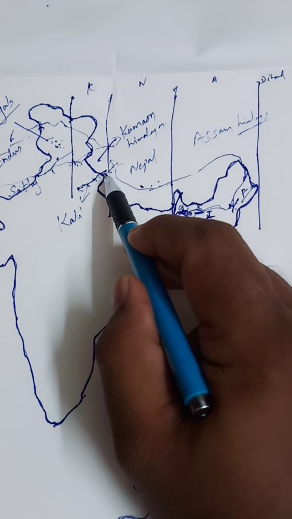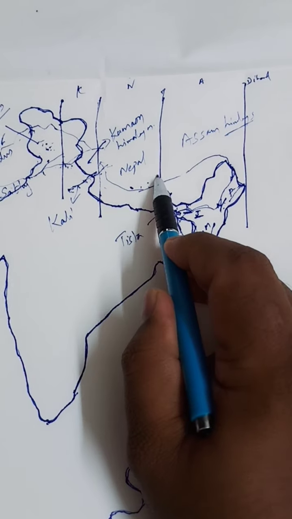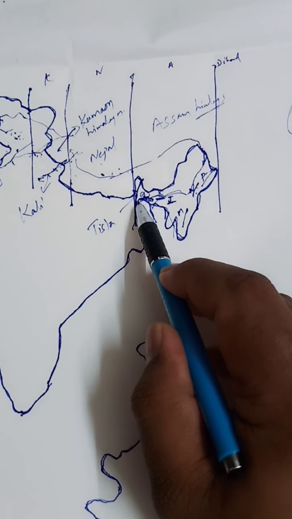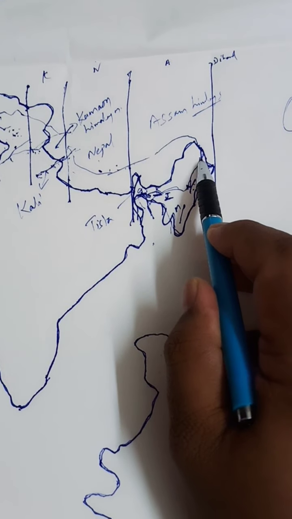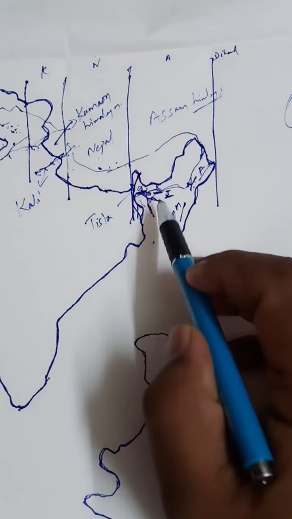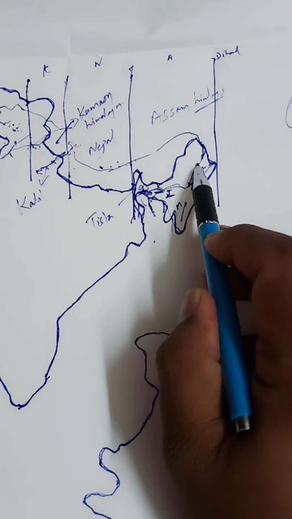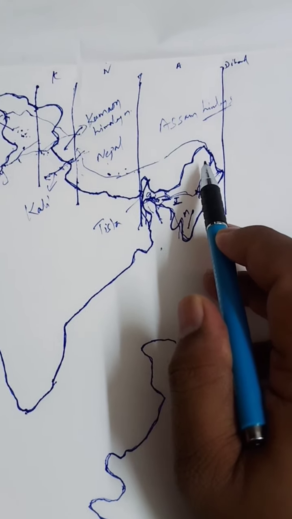And then east of Kali River towards Tista River, the region is called Nepal Himalayas. And further towards the east from Tista River to Dihang River, which is also the Brahmaputra in India, Tsangpo in Tibet, and Jamuna in Bangladesh, this region is called Assam Himalayas. The Himalayas lying over here is called Assam Himalayas.